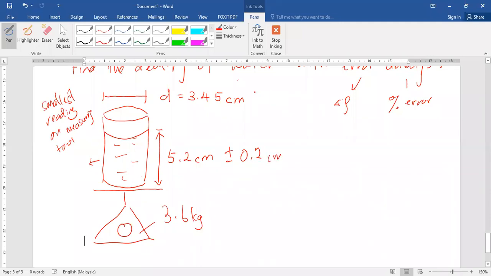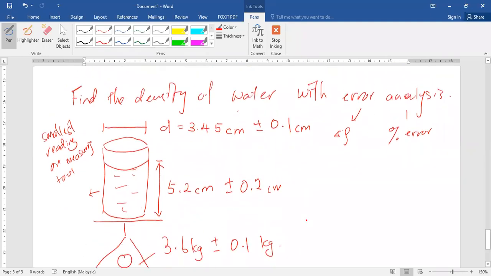And the diameter is plus minus 0.1 cm. And the reading for the mass is plus minus 0.1 kg.